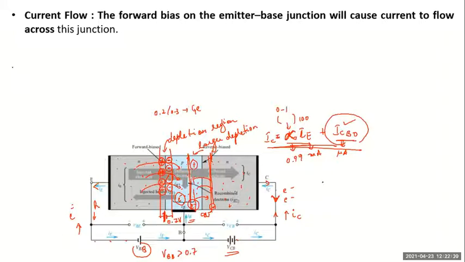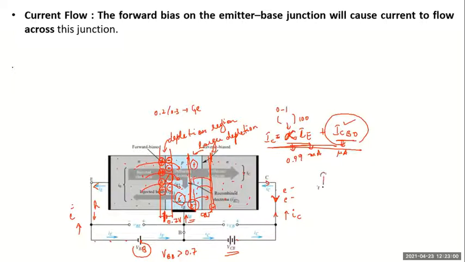And similarly, if I consider the current in terms of the base current, the base current IB which flows here is again because of the recombination and the few electrons which enter from here to the positive of this supply VBB. So because of the electrons moving in this direction, the base current IB moves in the opposite direction.